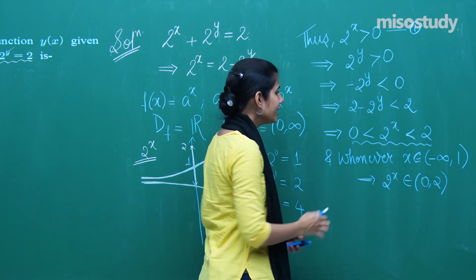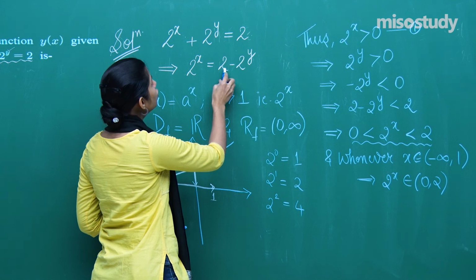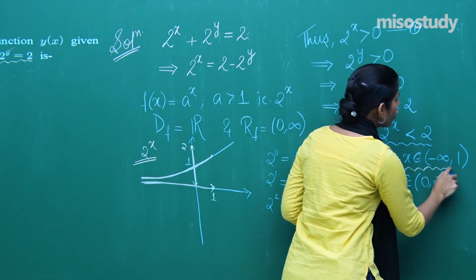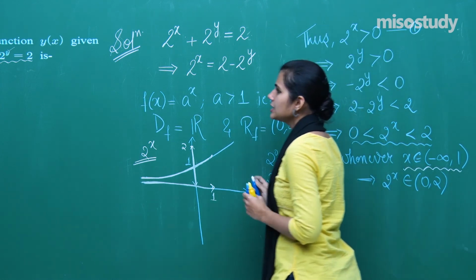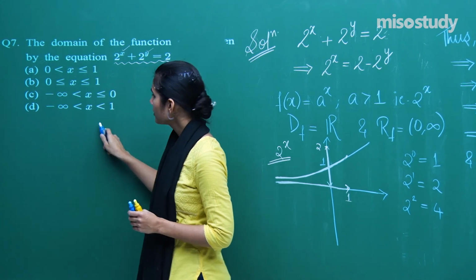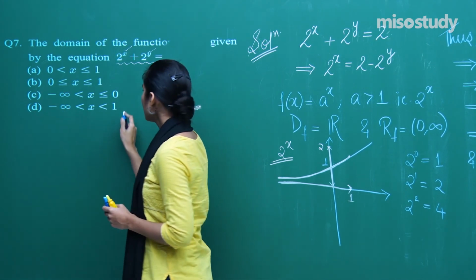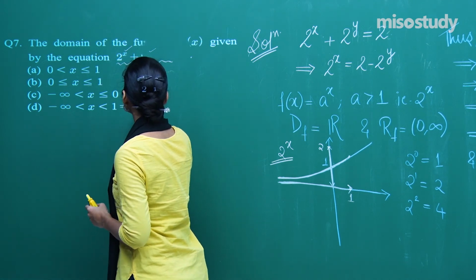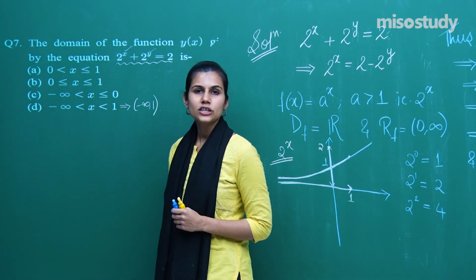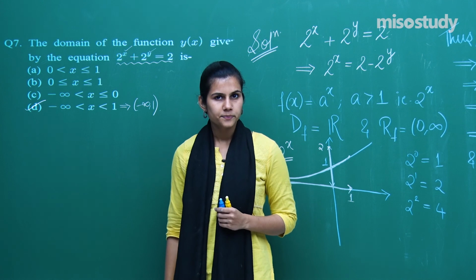And that is why 2 to the power x is equal to 2 minus 2 to the power y for only these values of x, and this is given in option D, as you can see. x is greater than minus infinity, less than 1 is another way of writing the interval (minus infinity, 1), and therefore this is my correct answer.